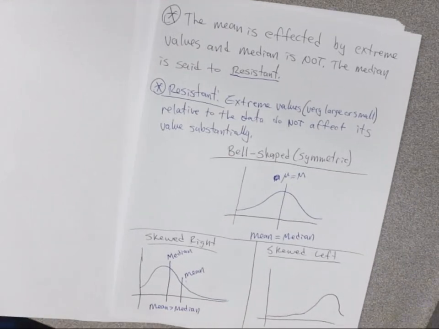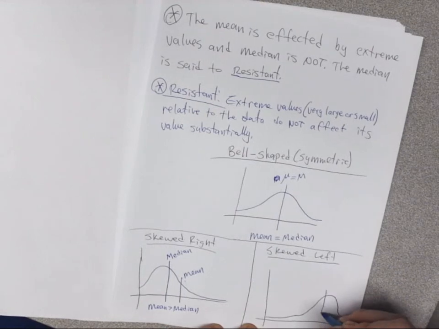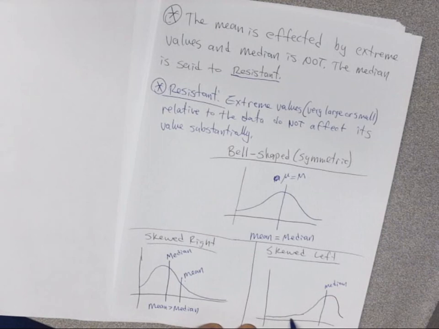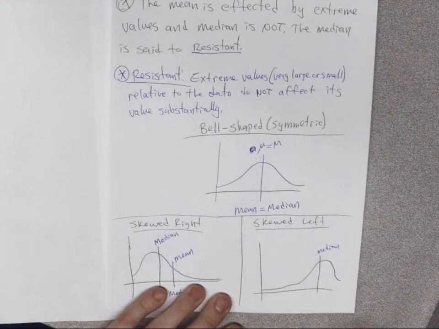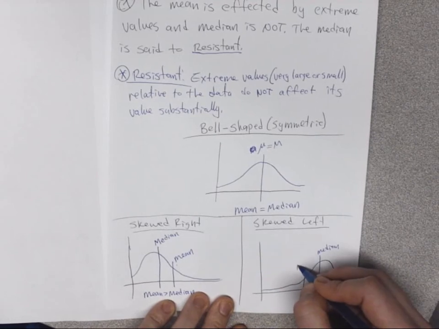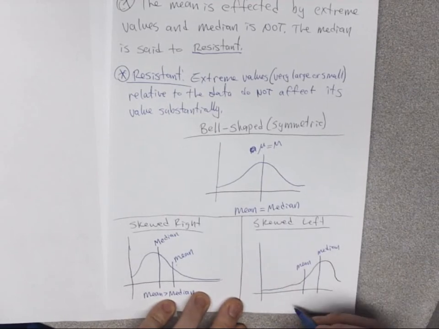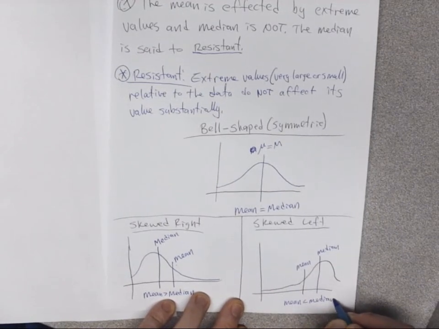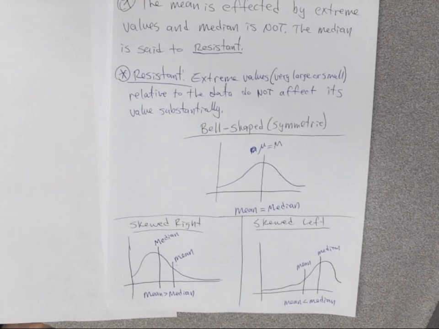So here, this would mean that our median is here, roughly, and all of these data points are forcing our mean to the left. And this is the case where our mean is less than the median. So it's important to understand this relationship with the mean and the median. And the most ideal case is when we have our bell shape, when the mean and the median are the same or very close to the same.